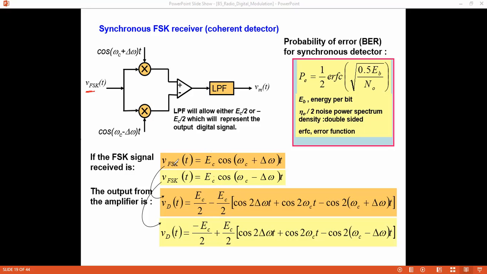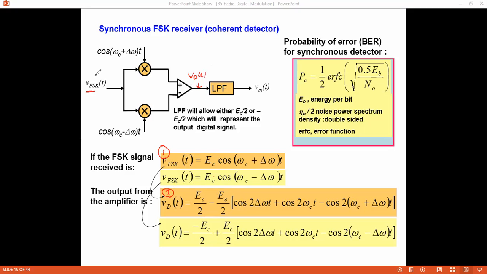For the first signal output from the amplifier, we can use the normal trigonometry identity that we have used before. So this is the output that we get at this point, VDT.